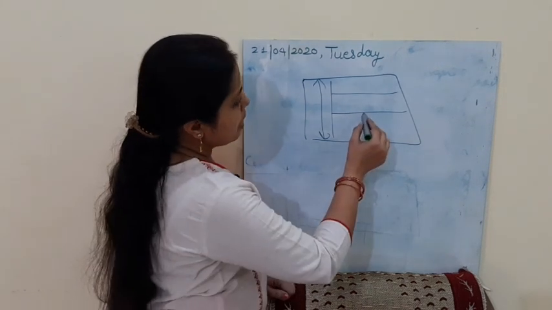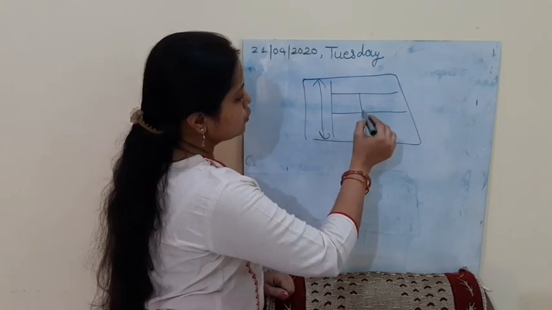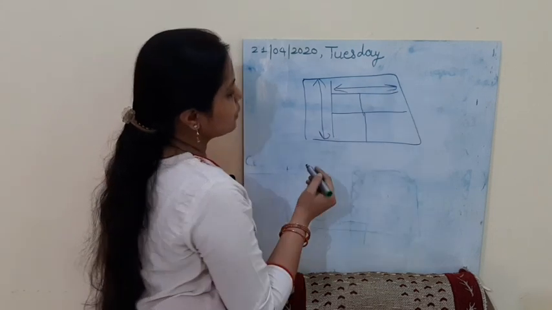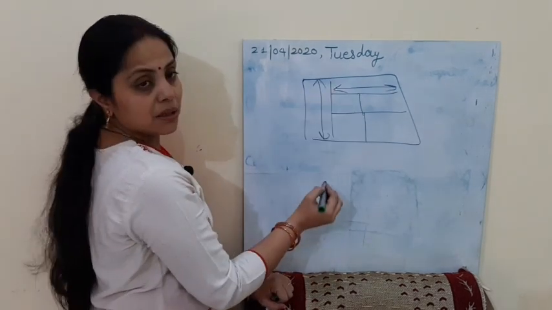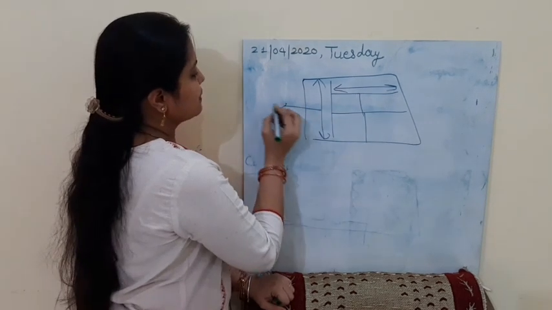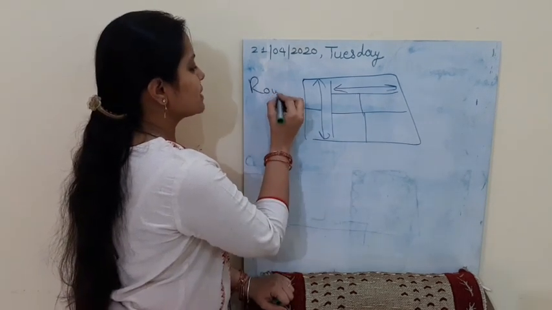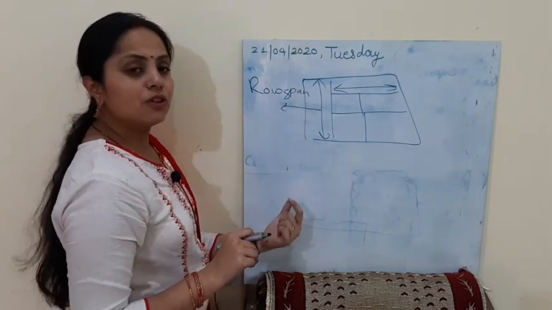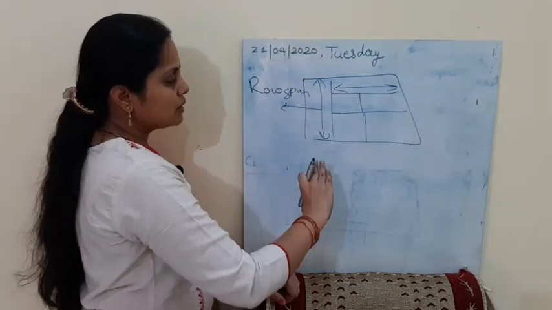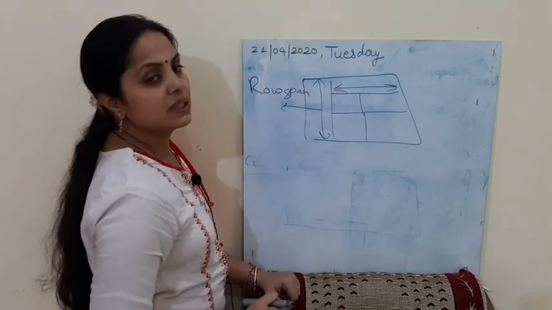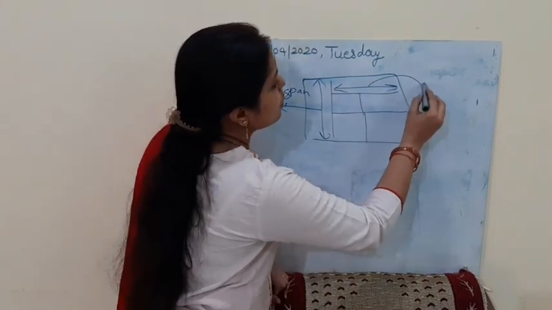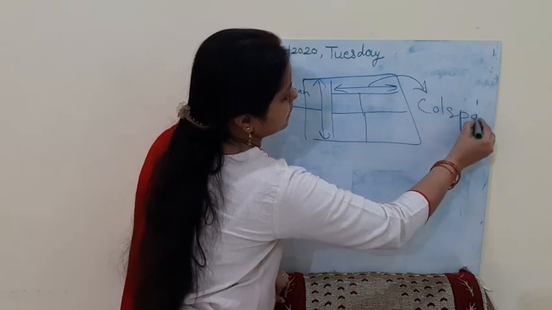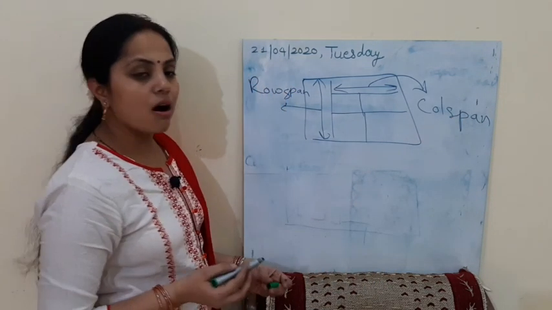Here, as you can see, two columns are merged. So if I am merging a number of rows, this is known as row span, because one cell is spanning many rows, and if I am merging the columns, it is known as col span. Now I am going to tell you how to apply this.